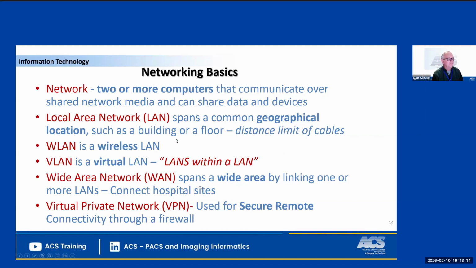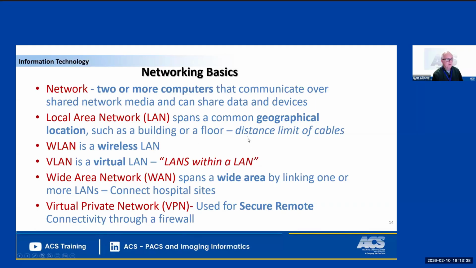Local area network is basically the same building or floor. Wireless is the same thing, but it's no wires, no cables, except for the cables to the access points or the transmitters. But the device you're working on is not tied to it. And then there's virtual LANs where you can have different circuits. That's why the electronic health record and the PACS can run on the same cables.